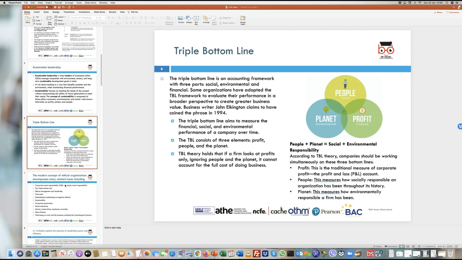For example, if the business produces less waste, or makes economical use of raw materials and natural resources, that is oriented towards the planet. If it takes care of its employees and returns to the community through charitable contributions and corporate social responsibility, then it is considering the people aspect.